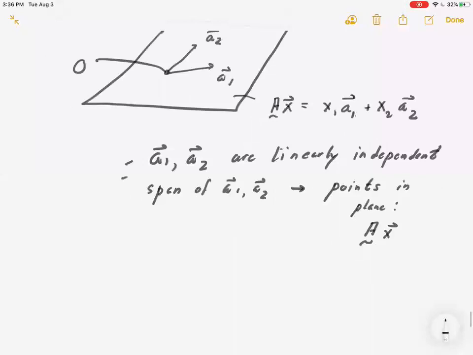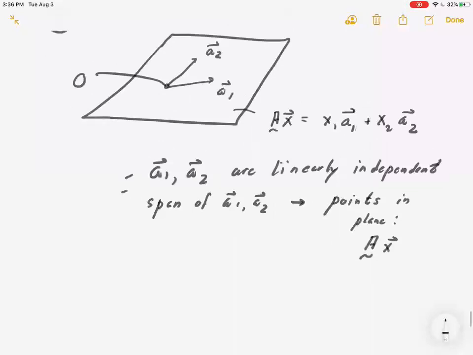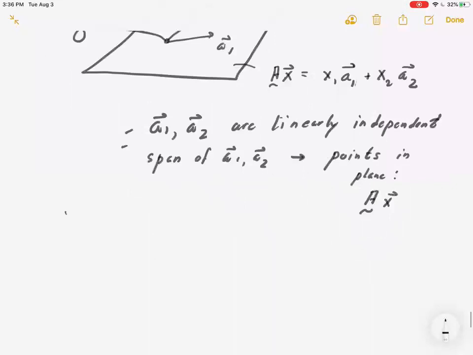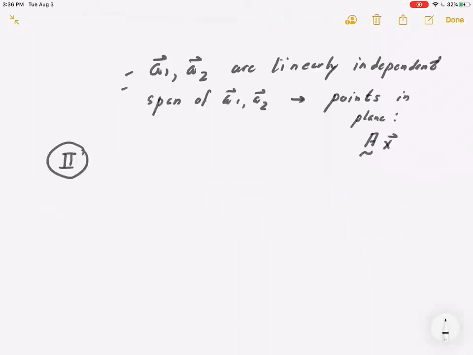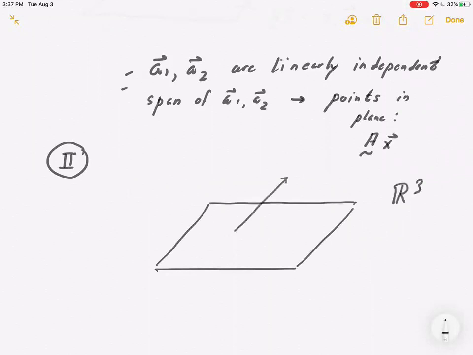Okay, picture 2. What I want to do now is look at this plane. Again, I'm doing this problem in R3. And I want to consider this vector B. Here's my origin.